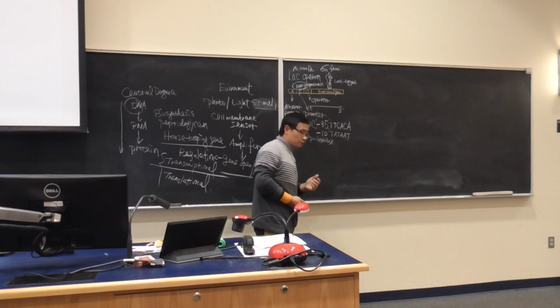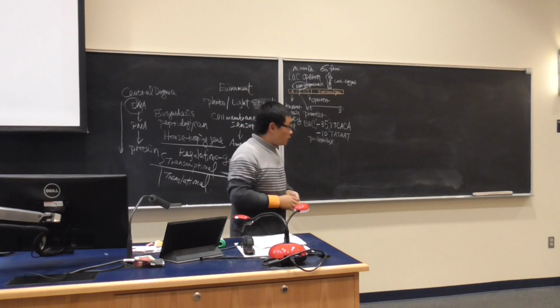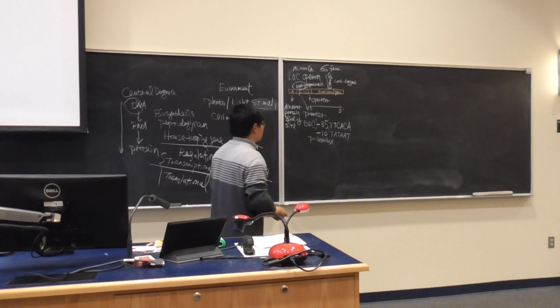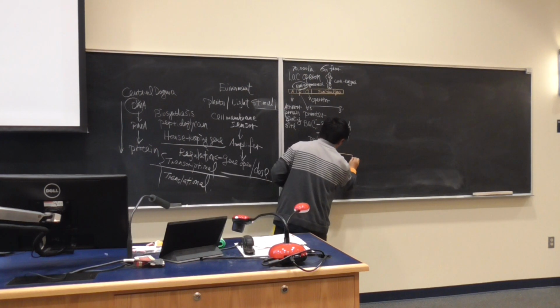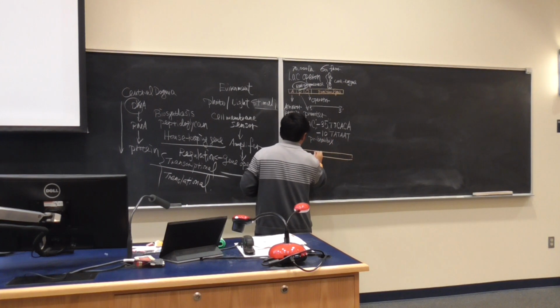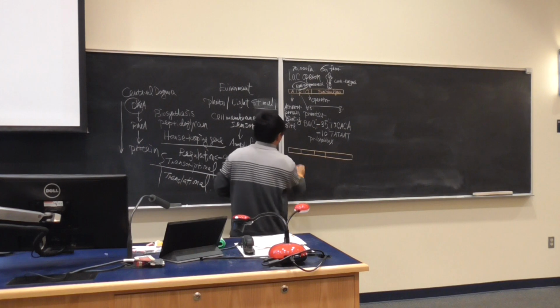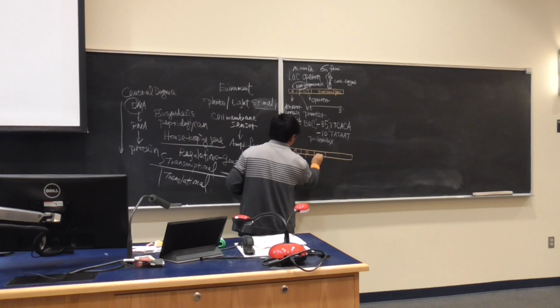Okay, this is the overall picture. We talked about the promoter already. Now we want to talk about regulation. So I'm going to draw here again. We have three locations, A, P, O, and I said this guy right here is RNA polymerase.